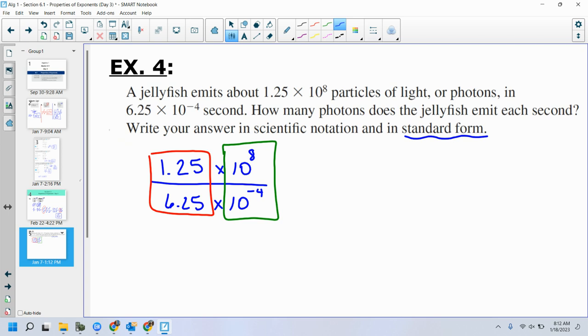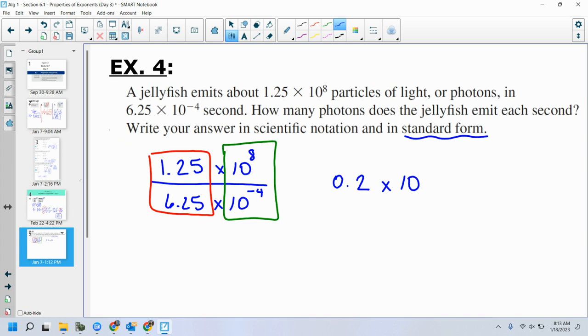Okay, what is 1.25 divided by 6.25? Somebody do that for me. 1.25 divided by 6.25. What is it? 0.2. Okay, what is 10 to the 8th divided by 10 to the negative 4?